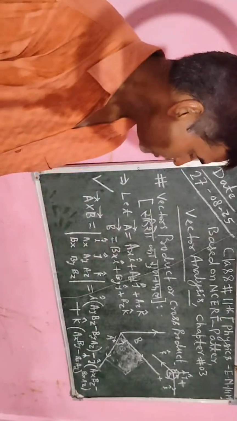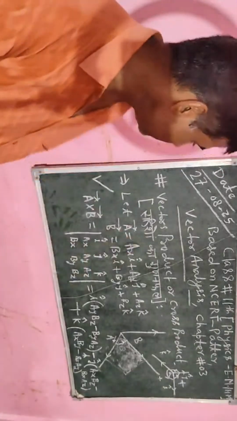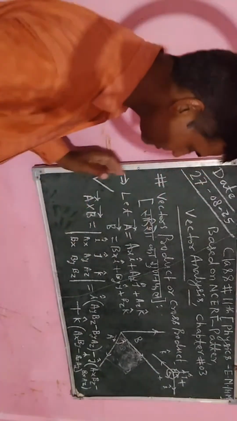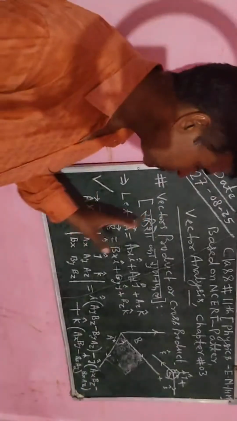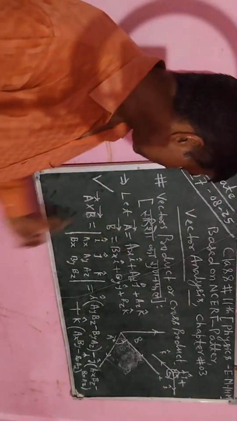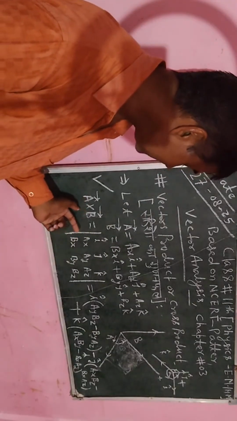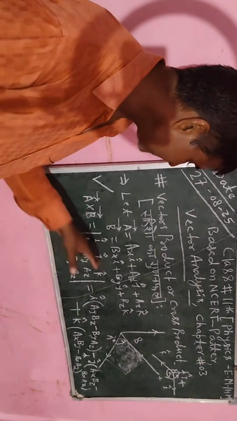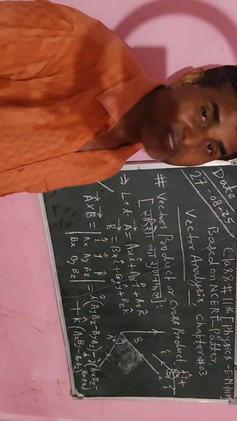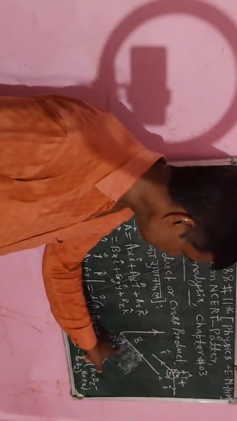Okay students, I hope that you are doing very well. So now I will write its formula. Here I will erase this information, and after erasing I will explain its formula, and then I will solve some numericals, because we have to get the value of a cross b. So a cross b can be obtained this way, because the meaning of this term is the area of the parallelogram, because here I am looking at a parallelogram.